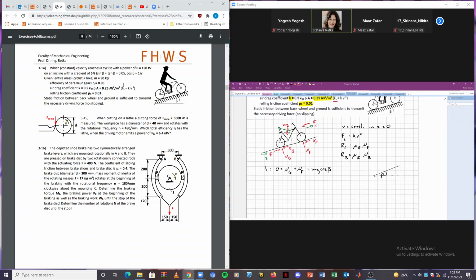Let's draw the vectors. This is our incline. This is our force of gravity acting that way, and we decompose it into two components: one parallel and one perpendicular to our incline.